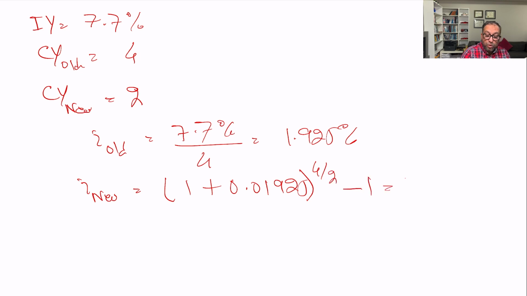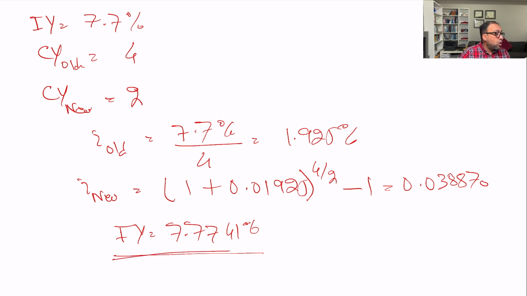So we get 0.038870. And when we find out the IY, we get IY equal to 7.7741%.